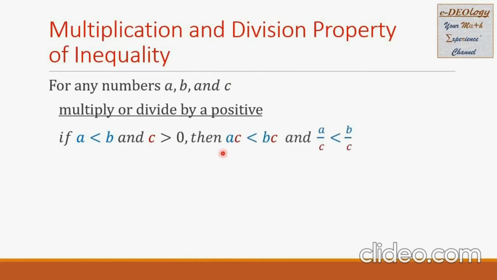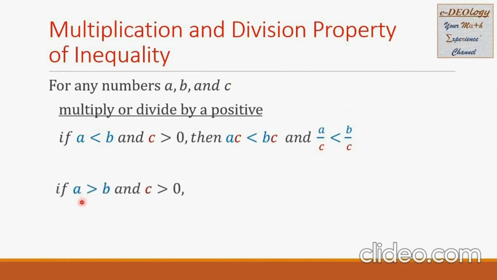Then ac is less than bc, or we multiply c to each side of the inequality, and a over c is less than b over c, or dividing both sides of the inequality by the positive number c.